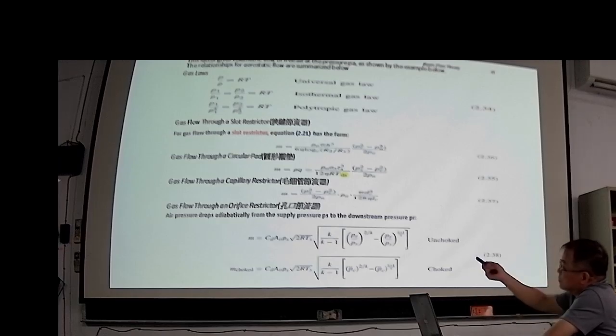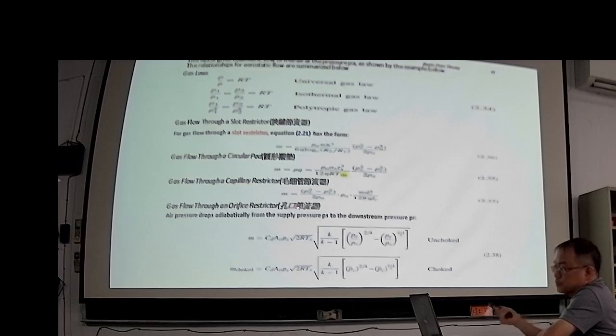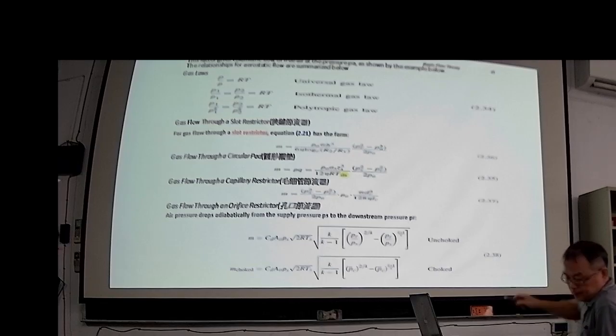This is the mass flow rate for the circular bearing pad. And this is the capillary restrictor for the air bearing. And this is the orifice restrictor, the mass flow rate for the air bearing. So this is the equation 2.38.